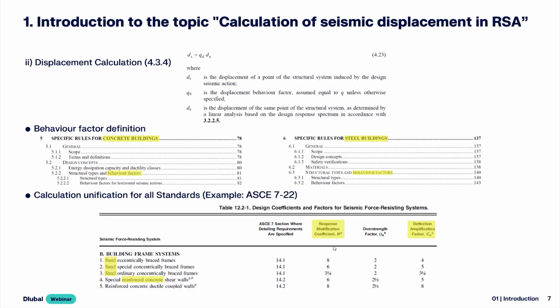is that in this table we have two coefficients, R and CD, which are equivalent to Q and QD.